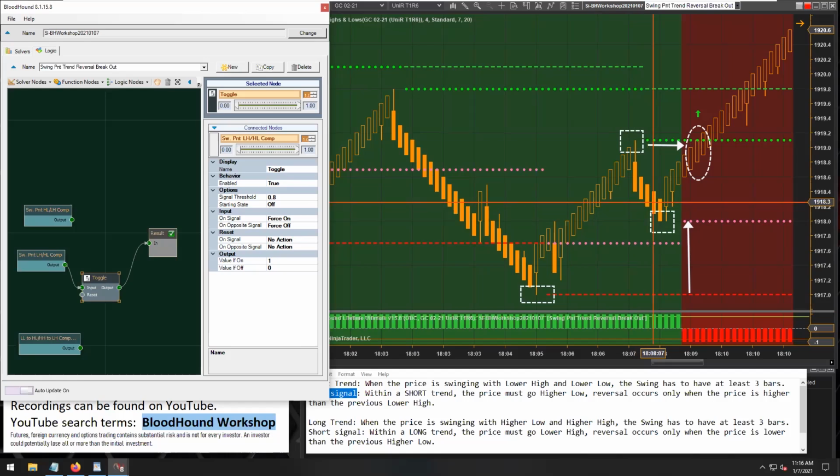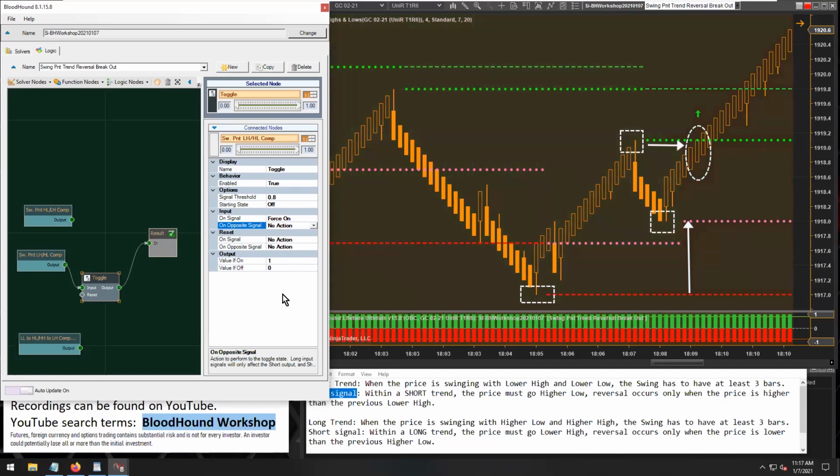Unfortunately, our toggle node is flipping on us. It's giving us a short output just before the signal. All right, so for the inputs, I'm going to set this to off.